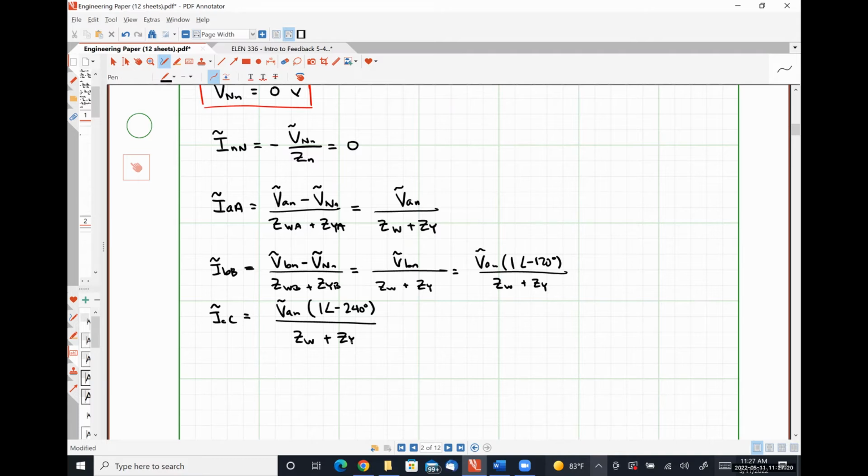Well, if all of our line currents are balanced, all of our phase voltages at the source are balanced, all of our line voltages at the source are balanced, all of our phase currents at the source are balanced, all of our phase currents at the load are balanced. Effectively, if we have a balanced system, everything has the same magnitude and 120 degrees of phase separation. You don't have to do any work to prove that.